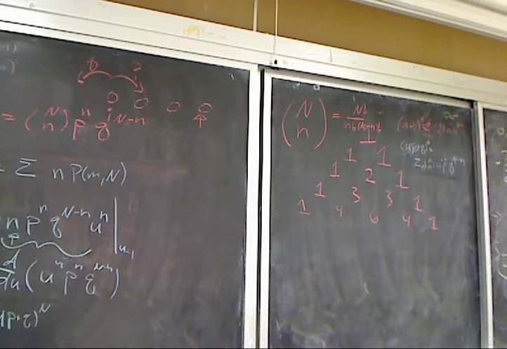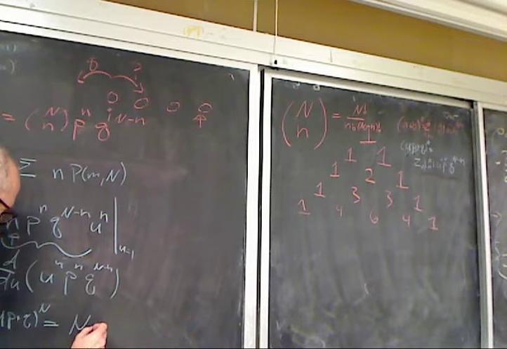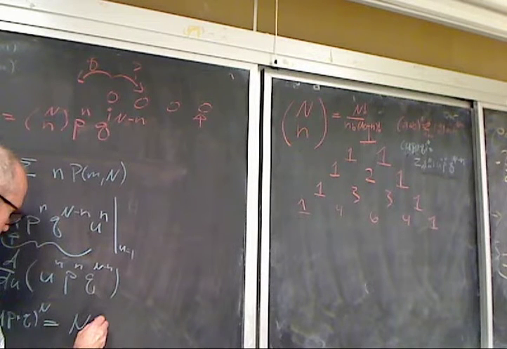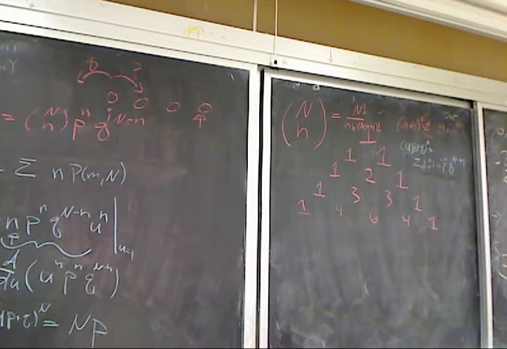So now my expectation value for n is just u, which is something I made up, times the derivative with respect to u, times (up plus q) to the N. And I can take this derivative. This derivative is easy. An N comes down, and a p comes out, and everything else cancels, and I'm just left with N times p, because u is 1. Everything else goes to 1.